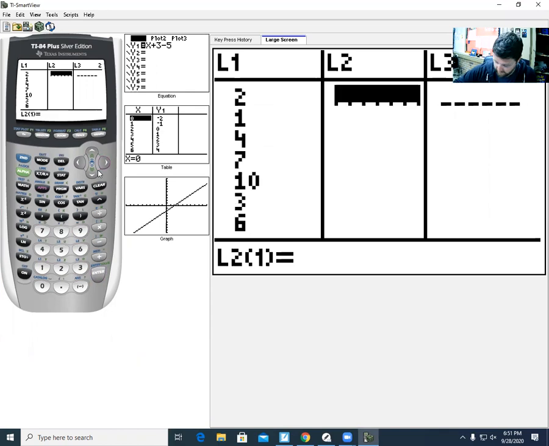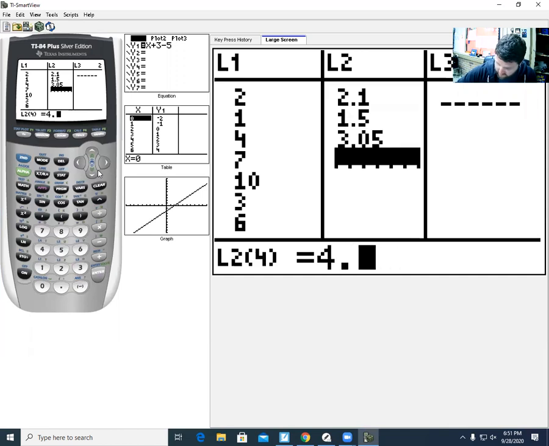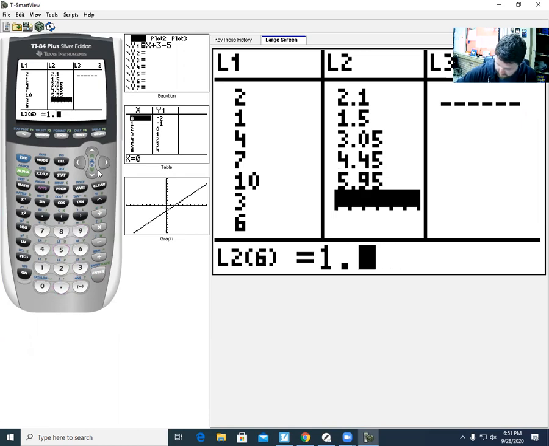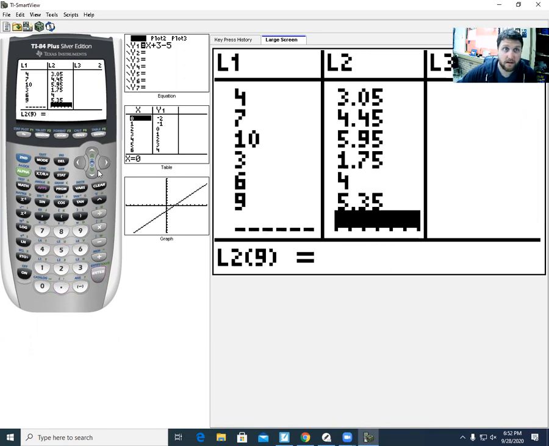And then I'm going to do the same thing in my L2 values, 2.1. If I've done, oh, did I miss one? Nope, I'm good. Okay, so 9 and 5.35 go together.